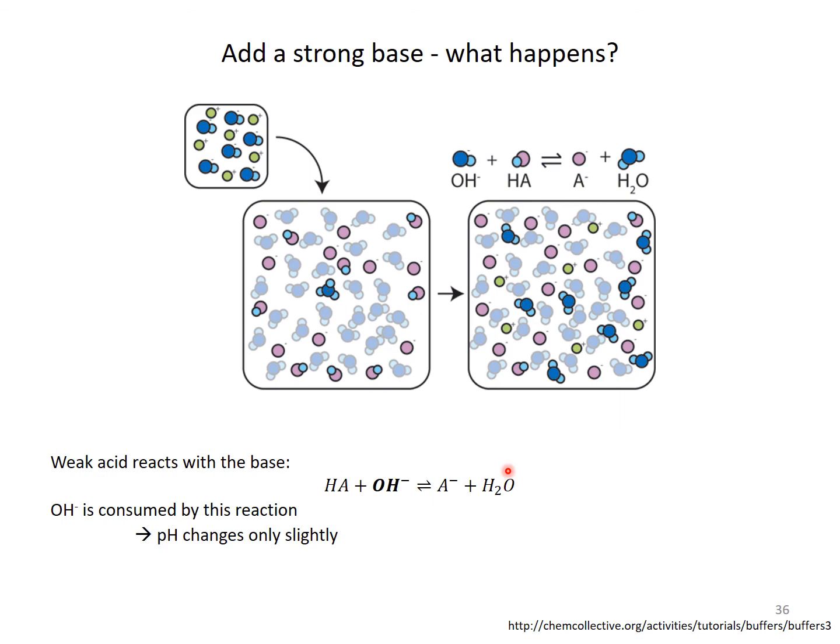In more detail, the weak acid HA will dissociate to form the conjugate base, while the H+ will combine with OH- to form water molecules. From this picture, you can see that you definitely have more water molecules after the reaction. As a result, pH changes only very slightly.